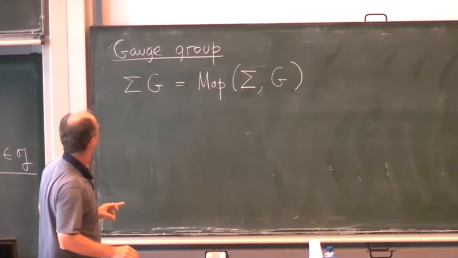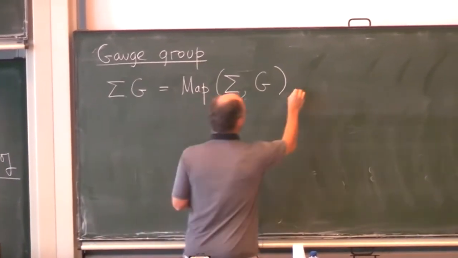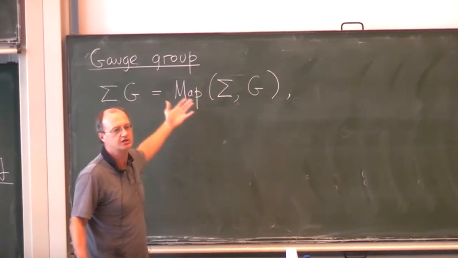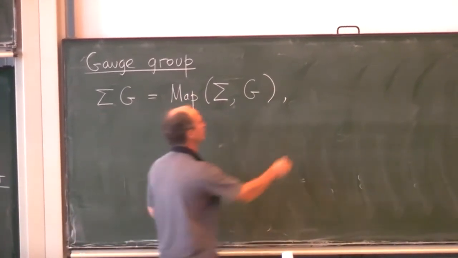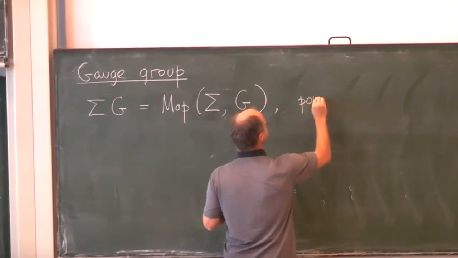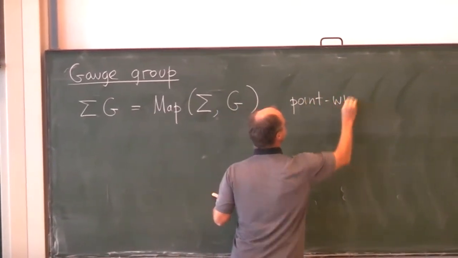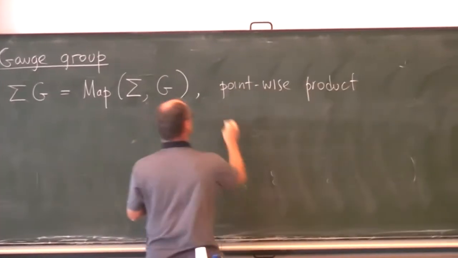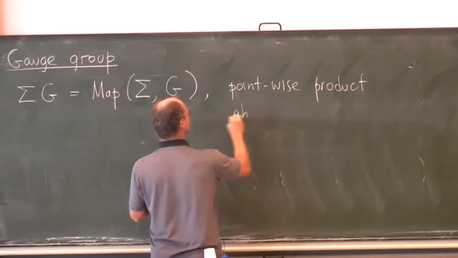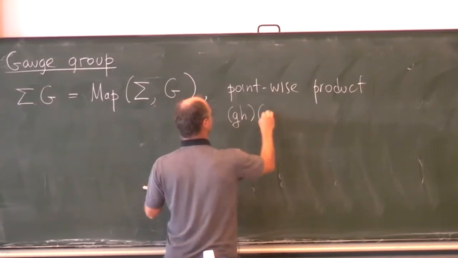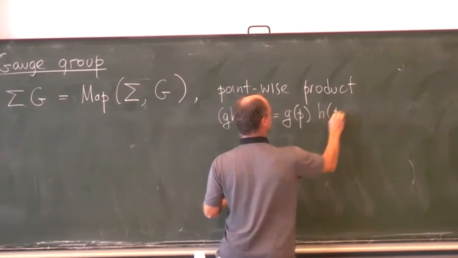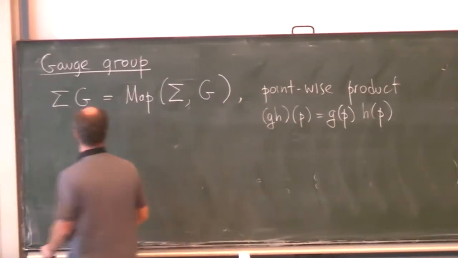Right. So perhaps I should still say what the multiplication is. The product in this group is just a pointwise product. So for two elements, gh of p is simply g of p times h of p.